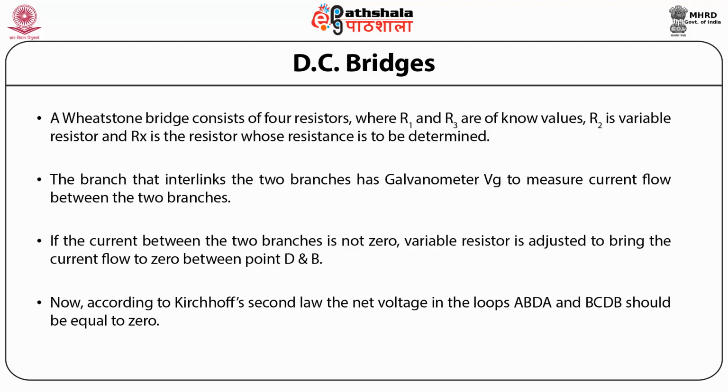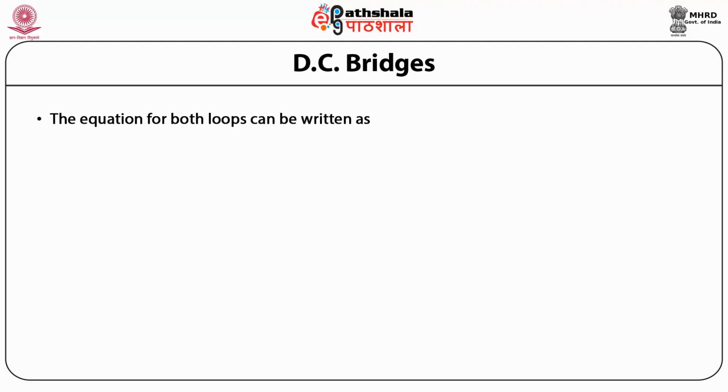Now, according to Kirchhoff's second law, the net voltage of the loops A, B, D, A and B, C, D, B should be equal to 0. The equations for both loops can be written as: for loop A, B, D, A, I3 dot R3 minus Ig dot Rg minus I1 dot R1 is equal to 0.